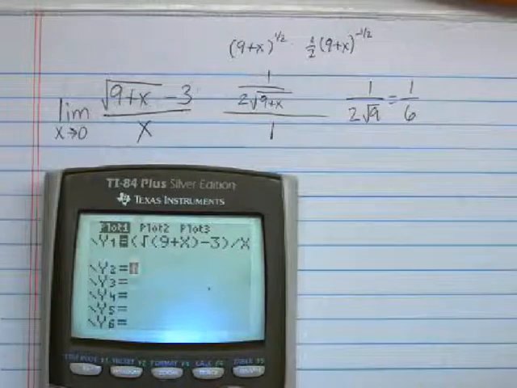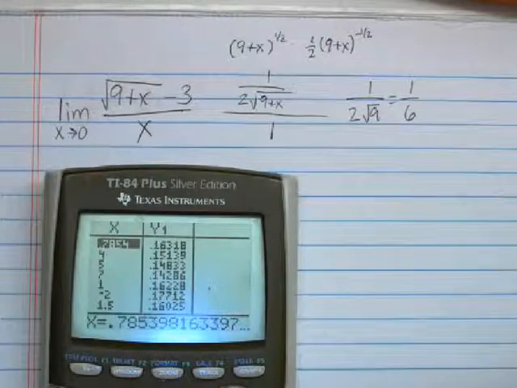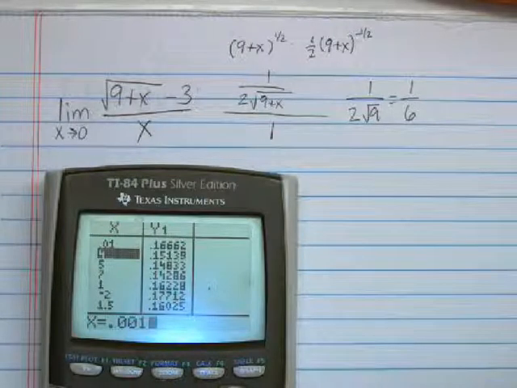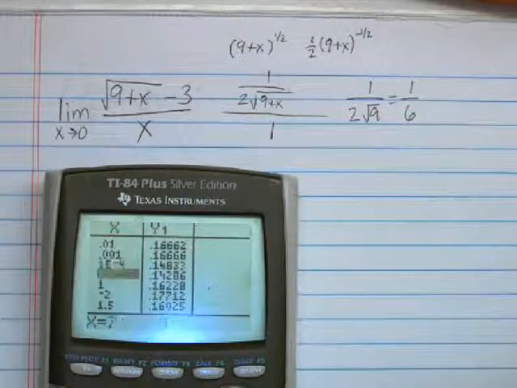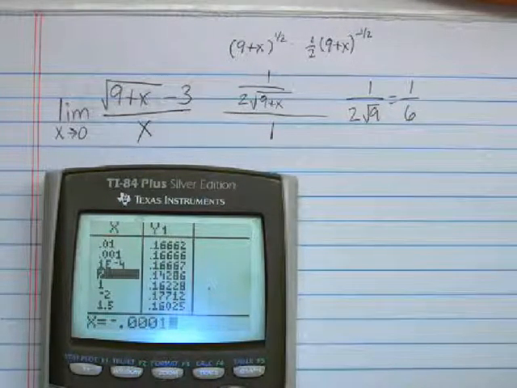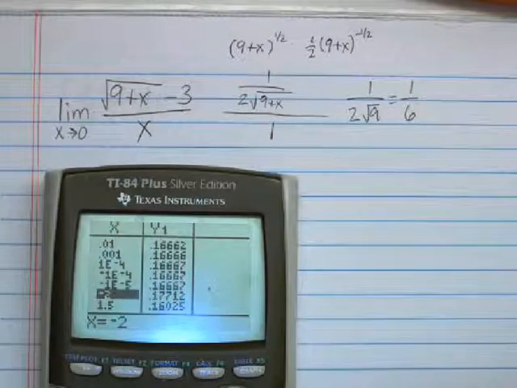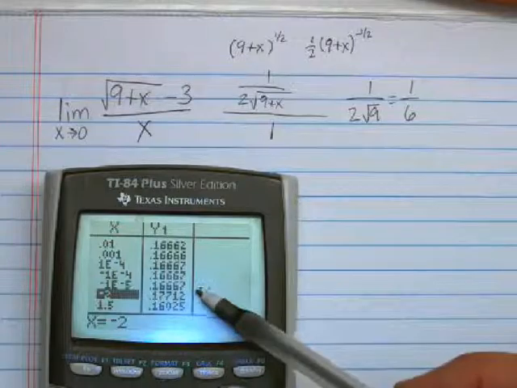We go to our table. We'll pick small values as we get closer and closer to 0. We can do some on the negative side. And you can see that 1/6 appears to be the limit.